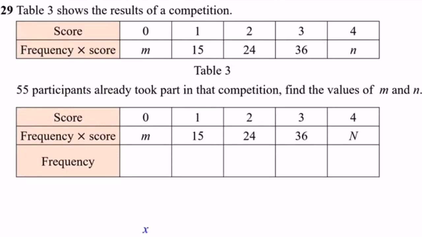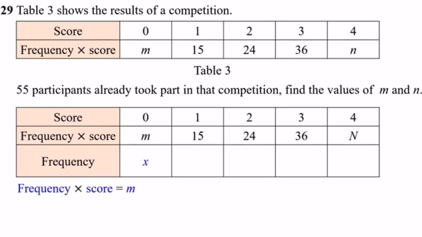Since you are given the frequency times the score, and also the score, you can find the frequency, right? So how to find the frequency is you take the frequency times the score divided by score. Let's say the frequency for the students whose score is 0 is x.